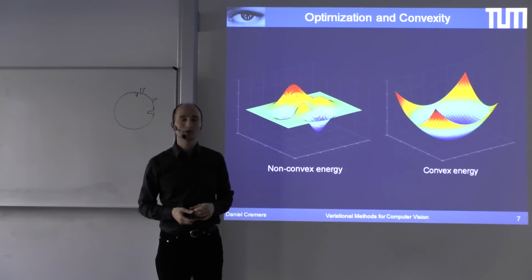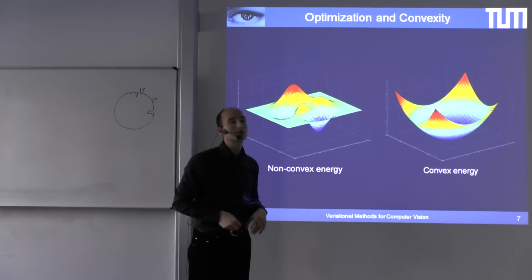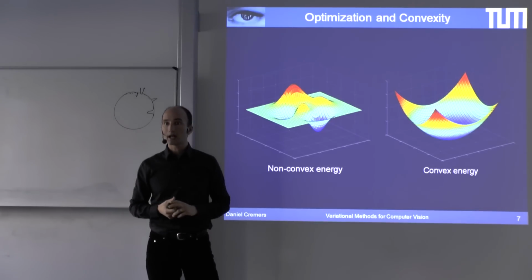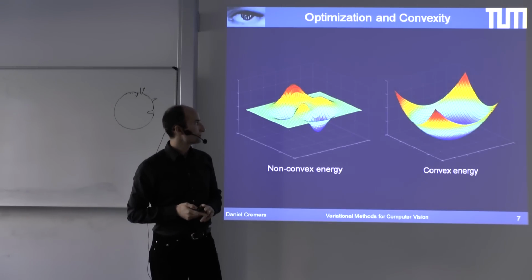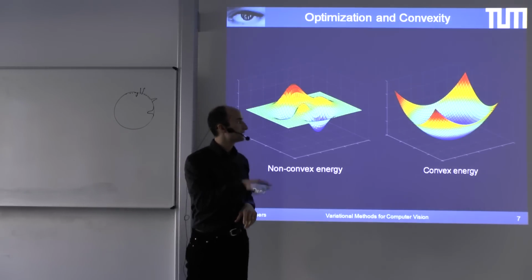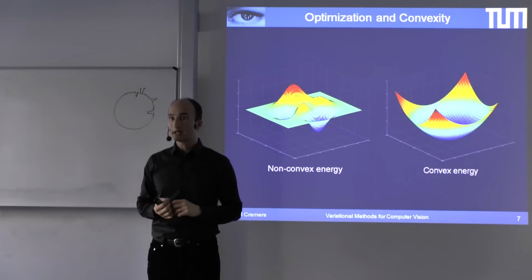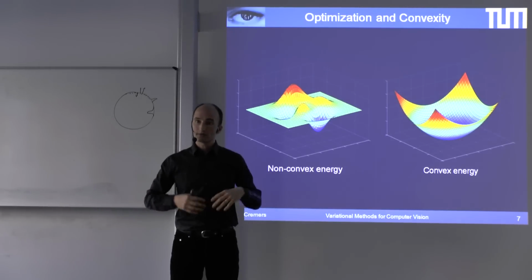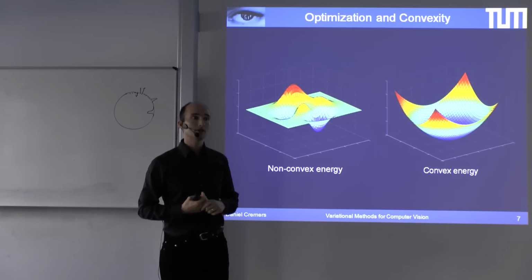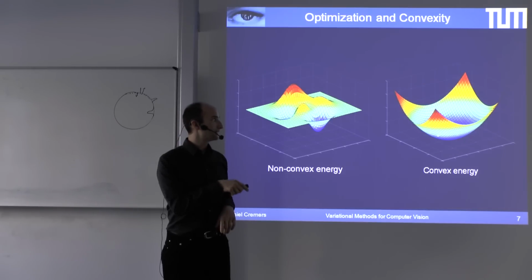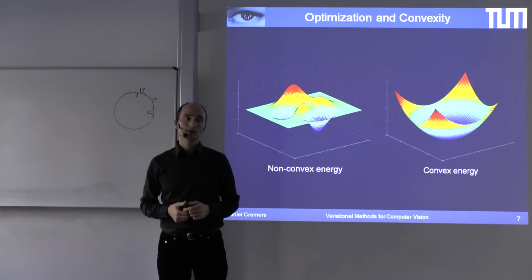But in principle, for very large classes of convex energies, there are today algorithms that can do it. And so convexity is an advantage, not just in 2 dimensions, but even more so in higher dimensions. And if you have very high or even infinite dimensional problems, convexity is a very crucial thing.